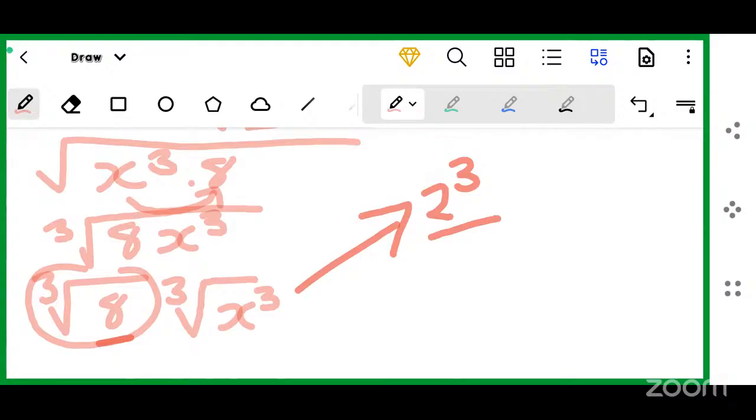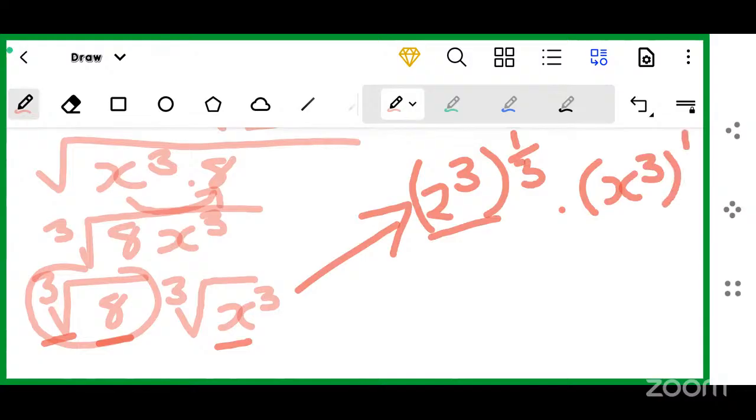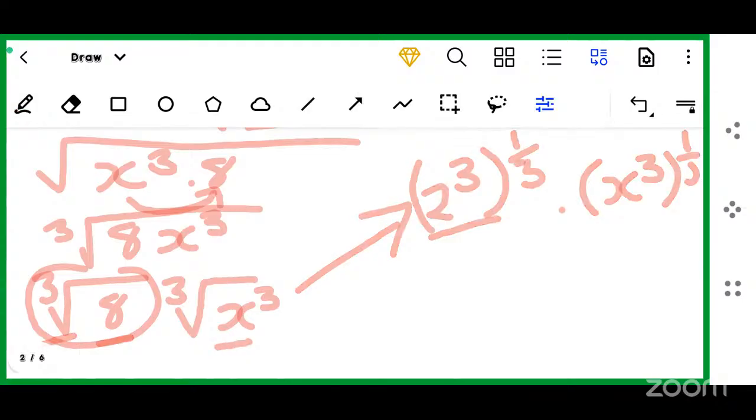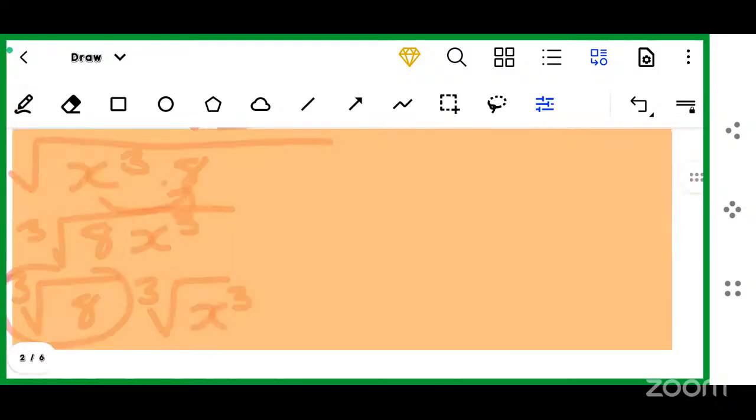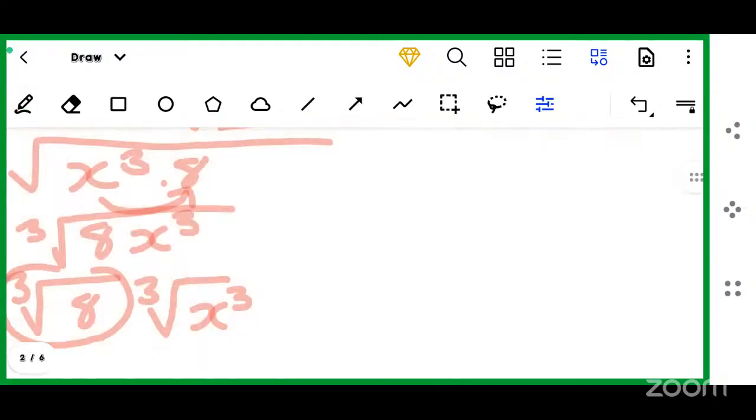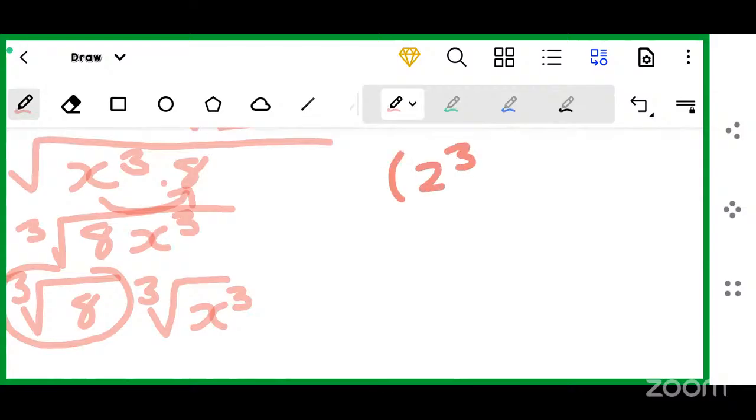So you write your 2 to the power of 3, open bracket, and this can be written as 1 over 3.